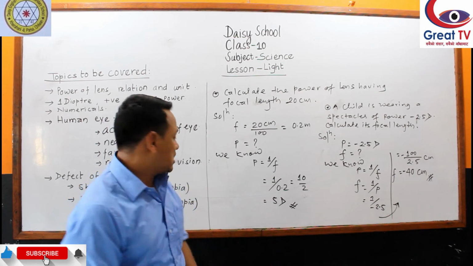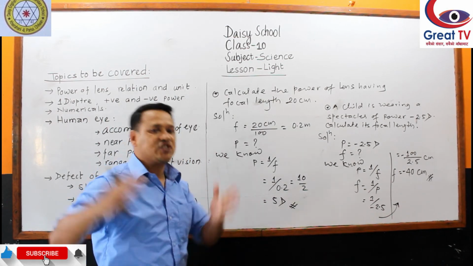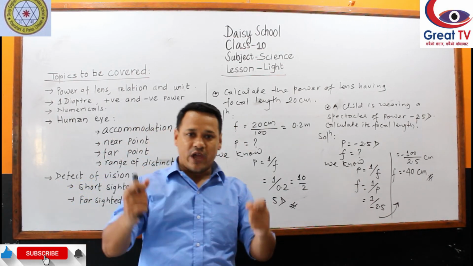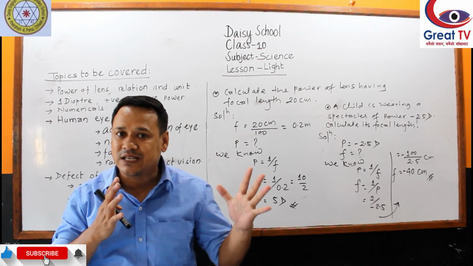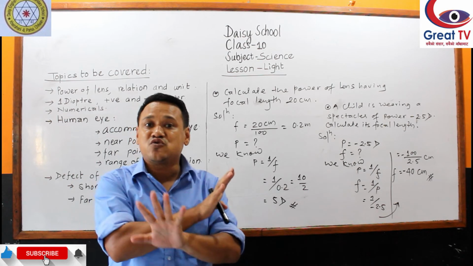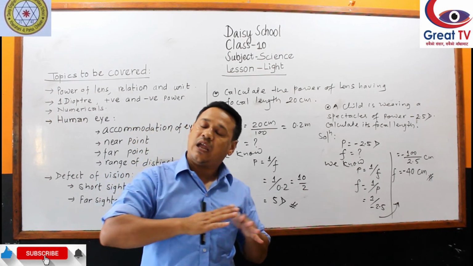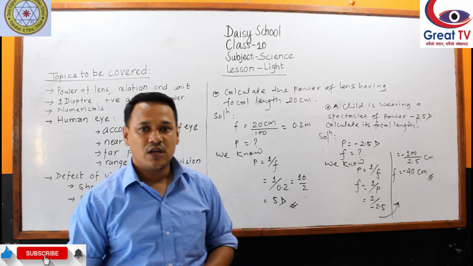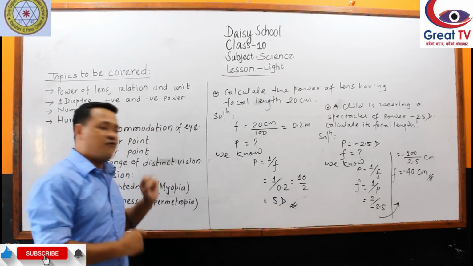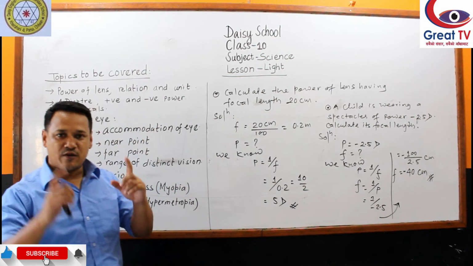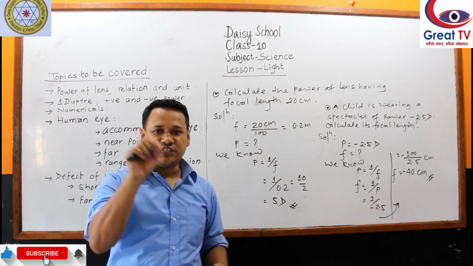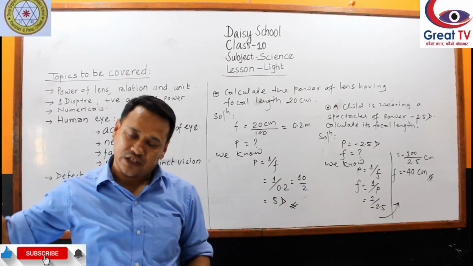So far point means the farthest distance from the eye up to where we can see clearly without any strain, and it is infinity. That means no fixed length; we can see at any distance. That's why the range of distinct vision of the normal eye is 25 centimeter to infinity.